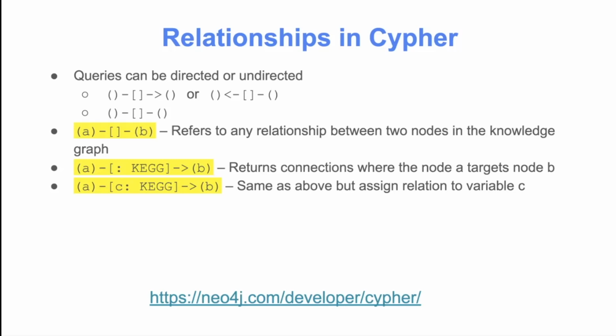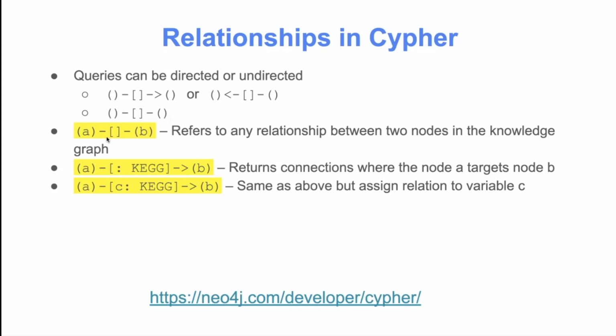For the relationship, as I mentioned, relationships are directed in Neo4j, but for Cypher queries, it can be agnostic. So you can have the directionality here, but you can also have it more agnostic, wherein we don't really care if one is a source node and one is a target node. This just refers to any relationship between two nodes in the knowledge graph.